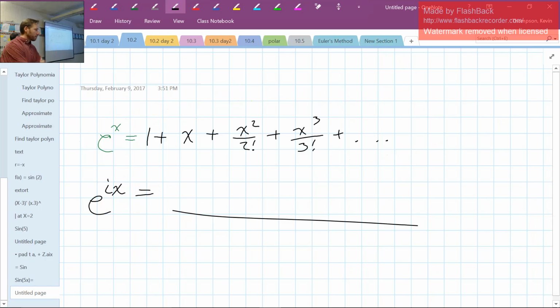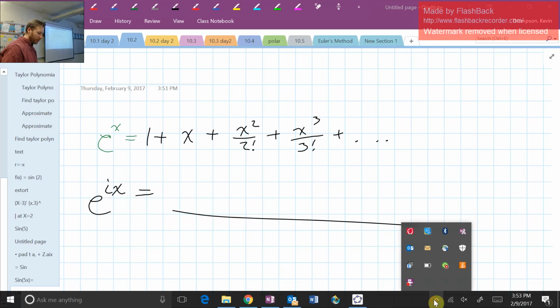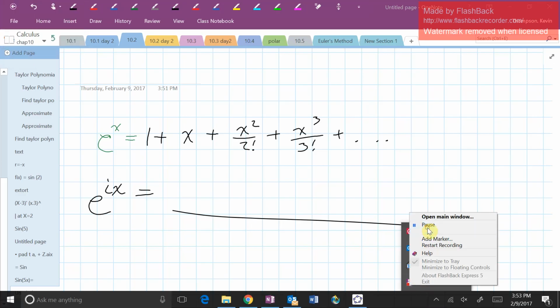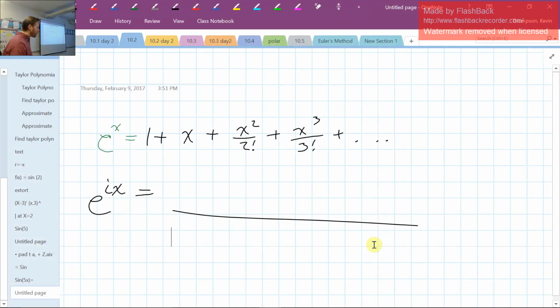So do that. And yes, you have to remember what i squared is and i cubed and i fourth. There's a pattern. I don't want to expand it. Don't expand. There's nothing really to expand. Okay, so if you've done that, oh my gosh.